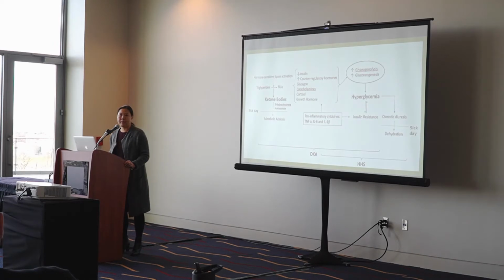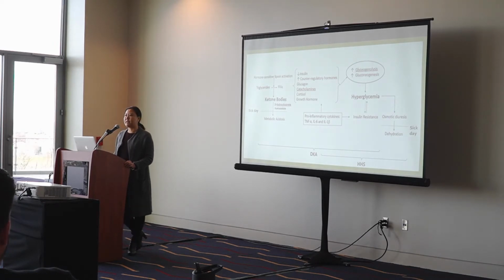So in a happy patient who is making insulin and is able to bring sugar into the cell to make energy, everything is good. Their sugars are normal, they don't have any ketones, they're making energy normally.